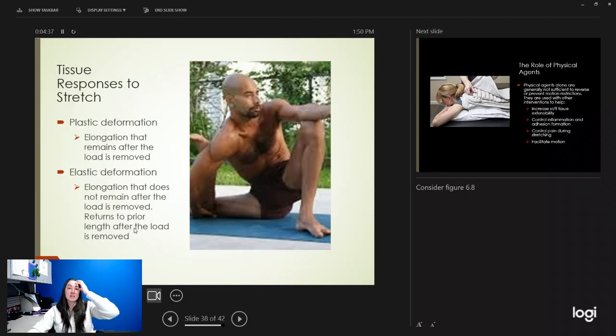So both are good. You want tissues to bounce back to their former state so that they maintain some stability, but you also want them to be able to elongate and hold some of that new length that you've gained so that you can get new muscle length. You can increase motion that way.